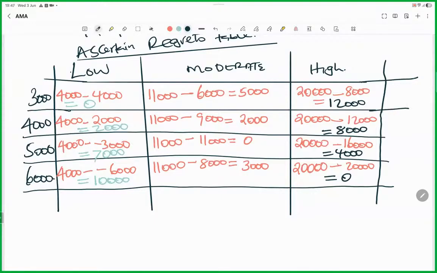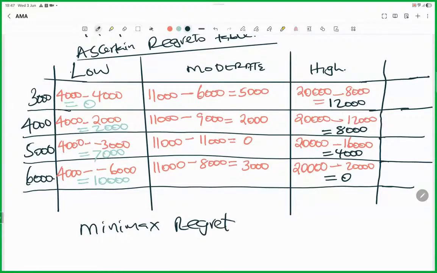It's called minimax regret. You start with the maximum regret, so you go to each row identifying the maximum regret. Row number 1, what is the maximum regret?